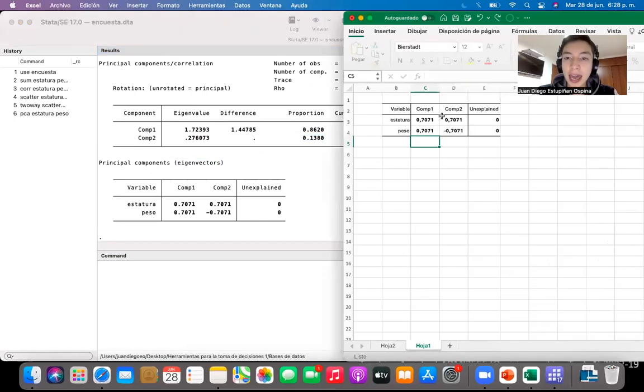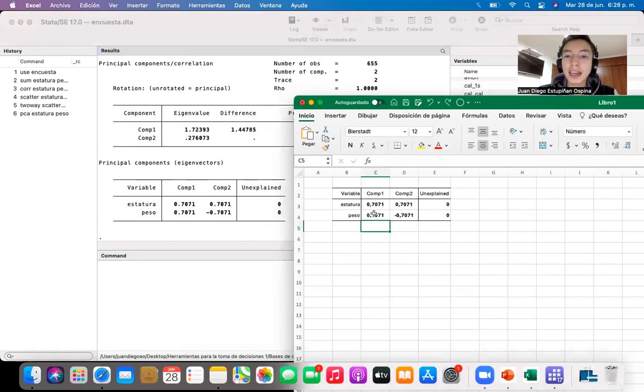So I write the eigenvector of each component in Excel, and let's just power them and add them. The sum of the squared eigenvectors for each component must be equal to 1. So first, I power and add them, and here you can see that it is 1, and it is going to be the same for the second component.